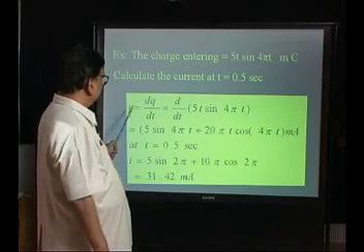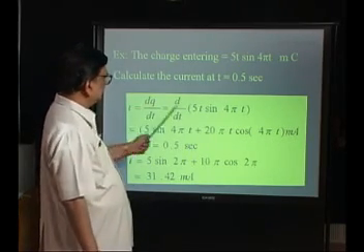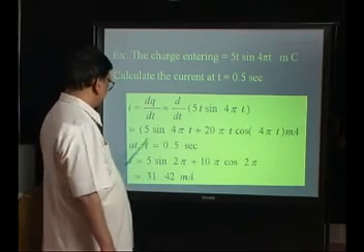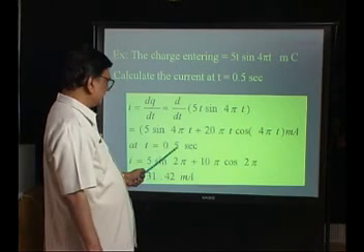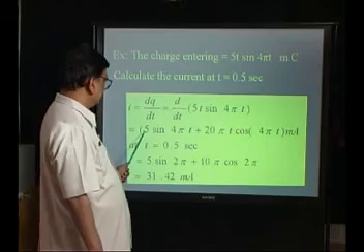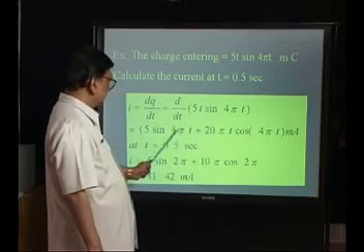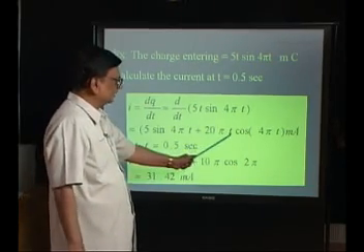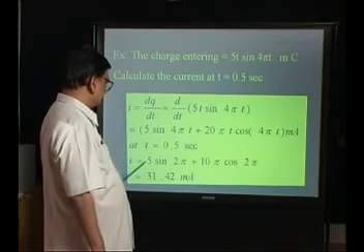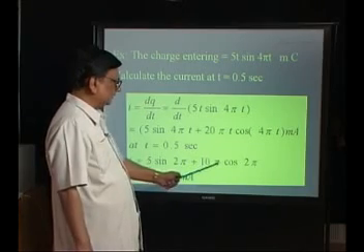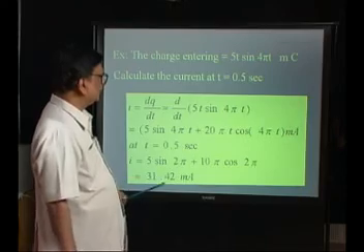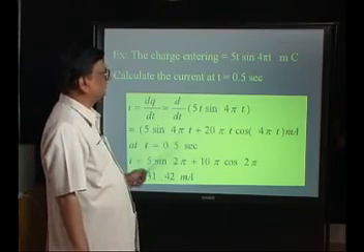So, if the charge is changing sinusoidally, then the current is changing sinusoidally, and at a particular time, let us say 0.5 second, we substitute t equal to 0.5 in this expression. So, i becomes 5π sin 2π plus 10π cos 2π, which is equal to 31.42 milliamperes at that particular instant of time.